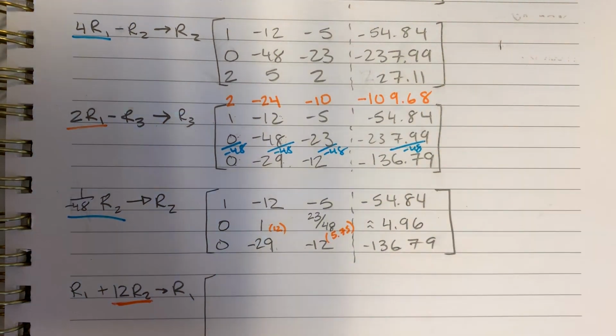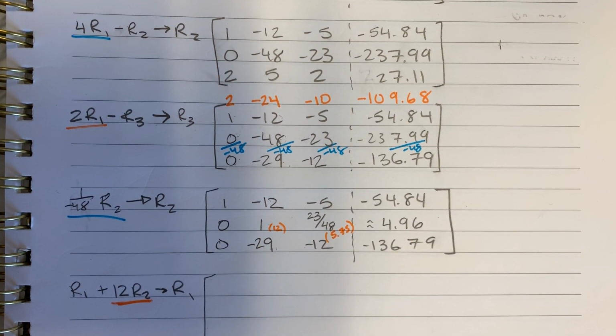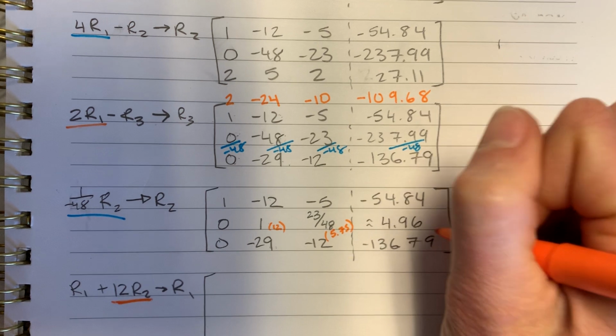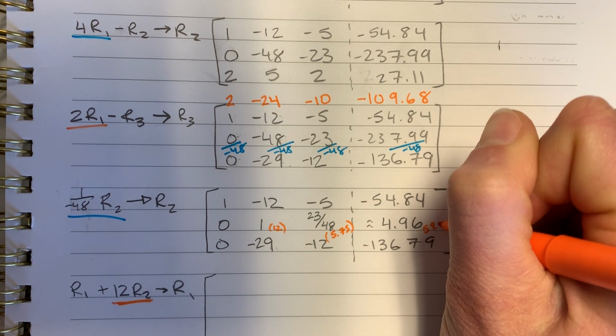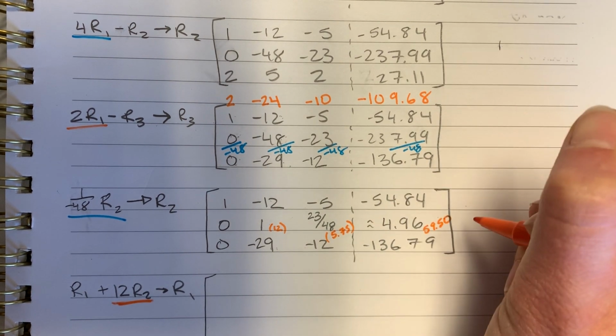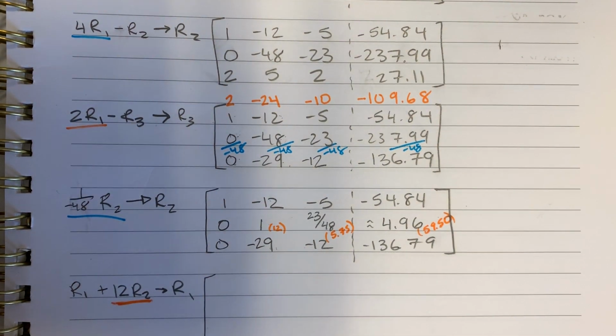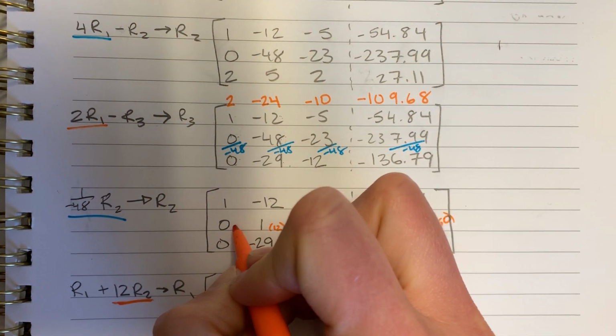And then I'm taking this number and I'm going to try to use the exact number in my calculator and then multiply it by 12. I get 59.50, that is rounded. And this obviously multiplied by 12 is 0.